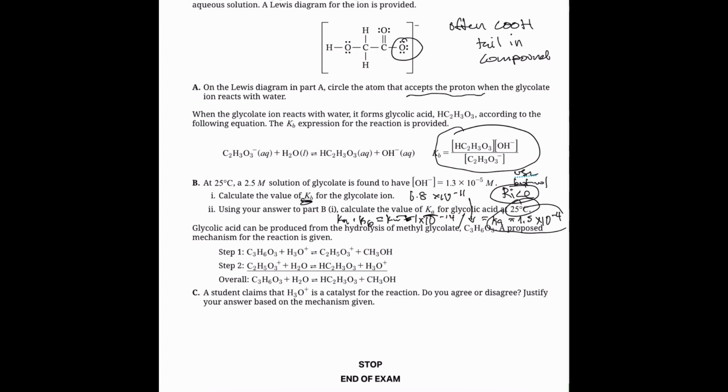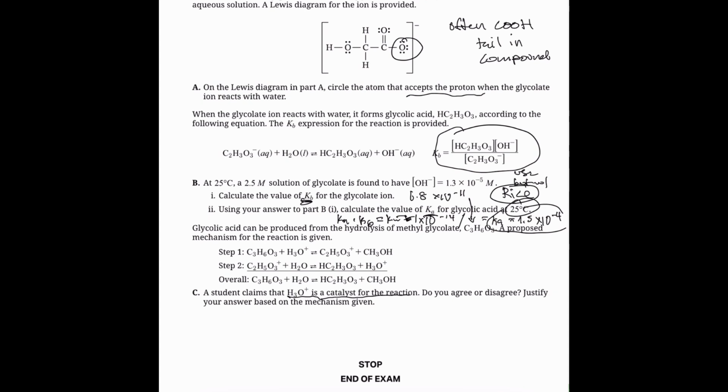And then finally for C, a student claims that H3O plus, so hydronium, is a catalyst for the reaction. Do you agree or disagree? Justify your answer based on the mechanism given. Now, we see that in step 1, you have H3O plus, but then you don't see it until the end of step 2, which means you can cancel it because they're on opposite sides.